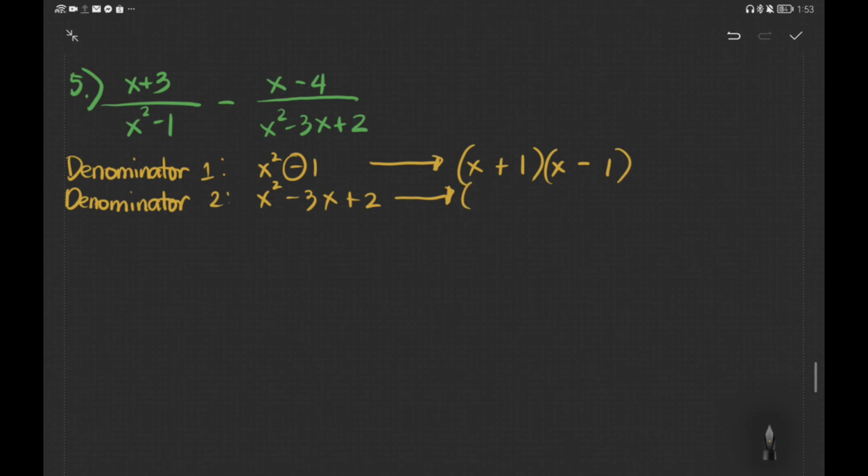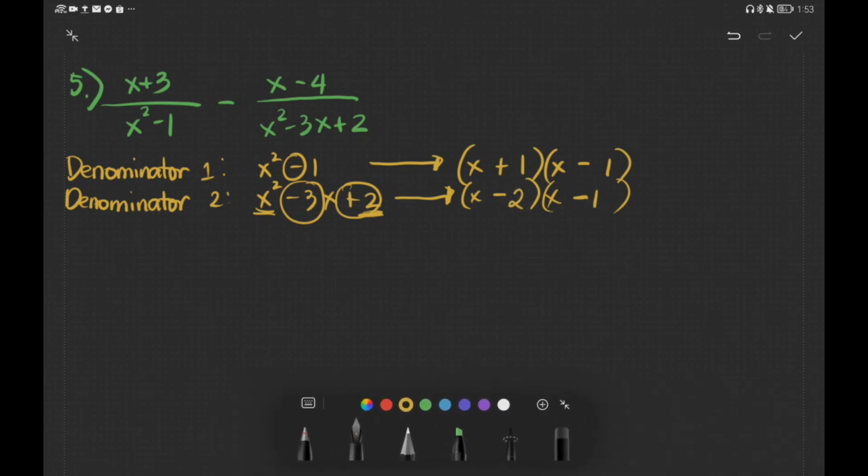The factors of x squared are x times x. Now, the last term is positive and the middle term is negative, which means the factors are both negative. Factors of 2, there are no other factors except 2 times 1. So, we have the factors. Now, let us identify the LCD.